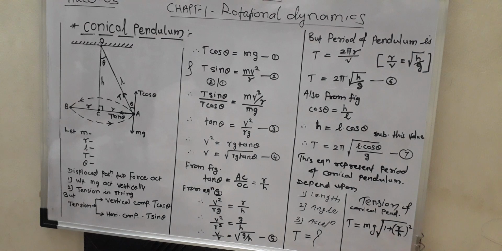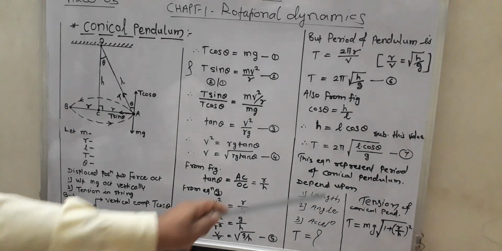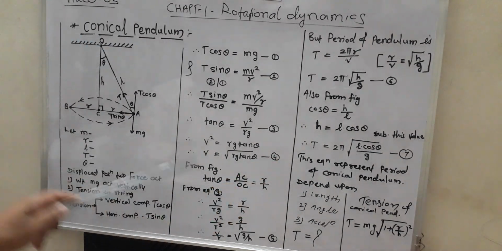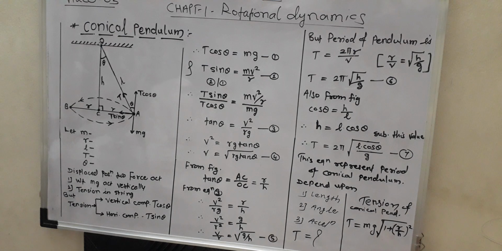Also sometimes you have to answer on which factors the period of the conical pendulum depends. Then we can write that the period of the conical pendulum depends upon the length of the pendulum, the angle of inclination along with the fixed rigid support, and the acceleration due to gravity. On these factors the period of the conical pendulum depends. So this is a very important point for 3 marks.